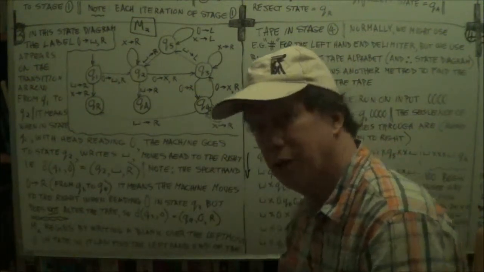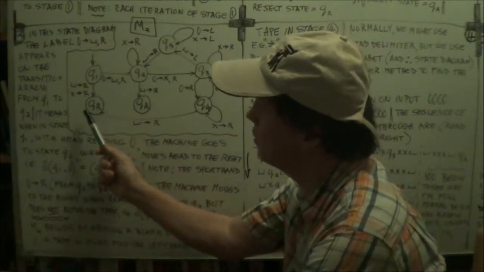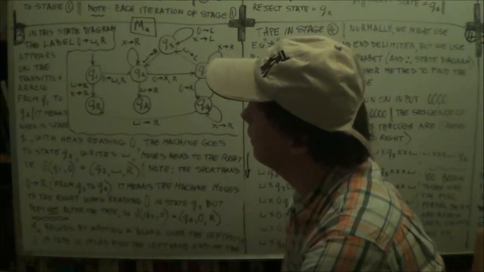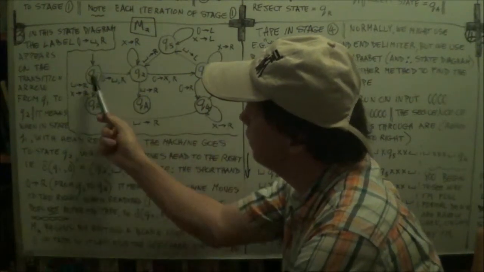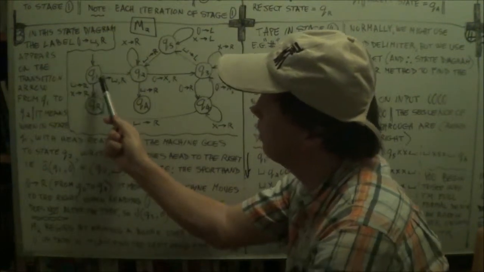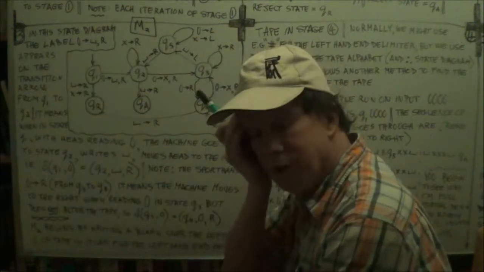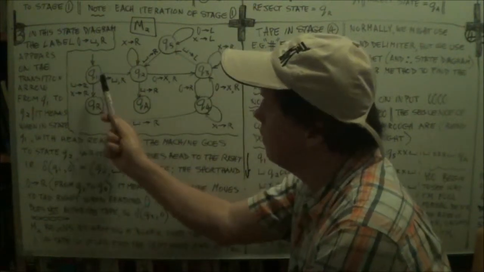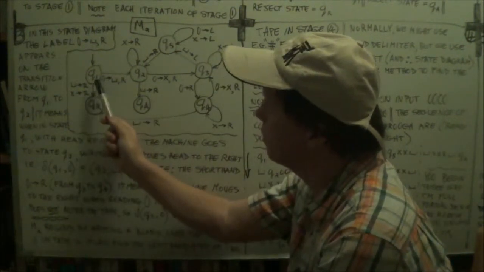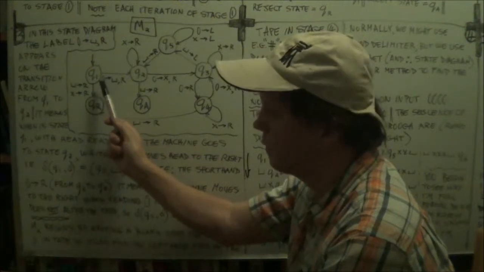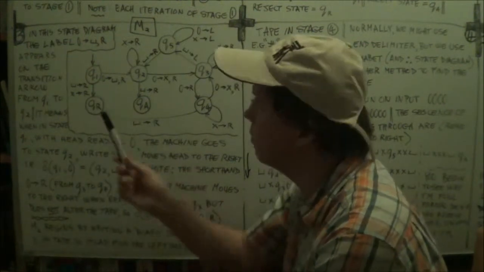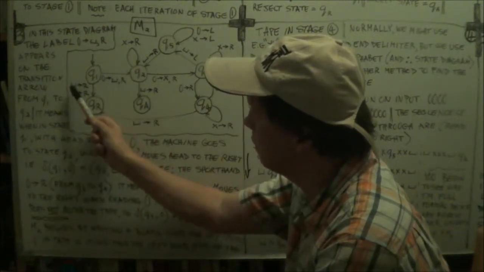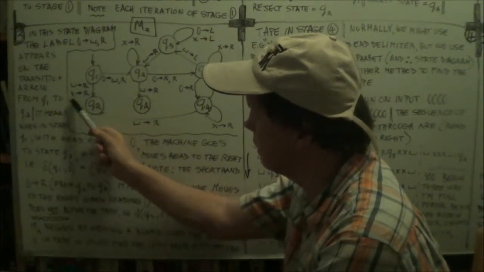My question mark is, is this complete? For example here, there are three symbols in your tape alphabet. So you need an arrow coming out for all three of the possible symbols that you might be reading on your tape. For a 0, yes. For a blank, yes. And for an X, yes.